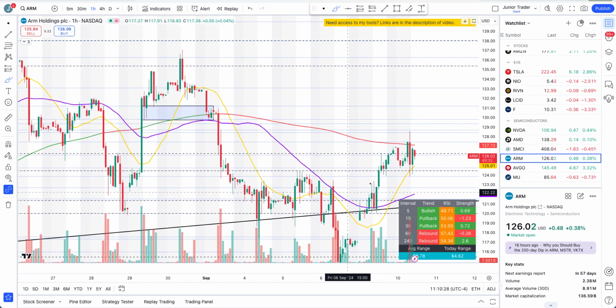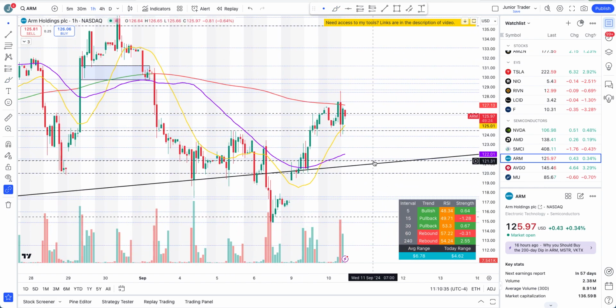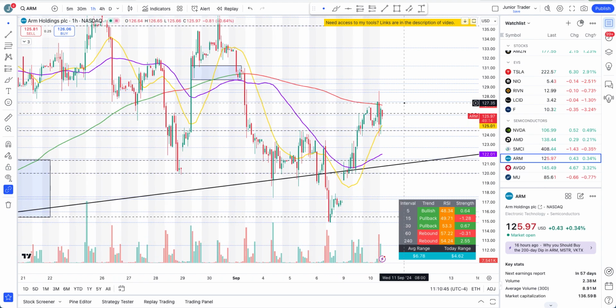So far it's still fine, guys. It's still holding above 124.44, one of our other levels. As long as yesterday we stayed above 120, we were fine. We went up, and as long as we stay above 124.51, we are just fine. Definitely the next thing we need to see is breaking above the 200 hour moving average as well on ARM.